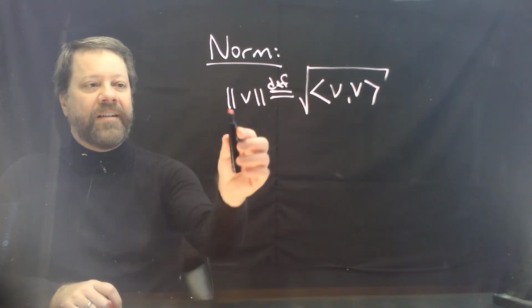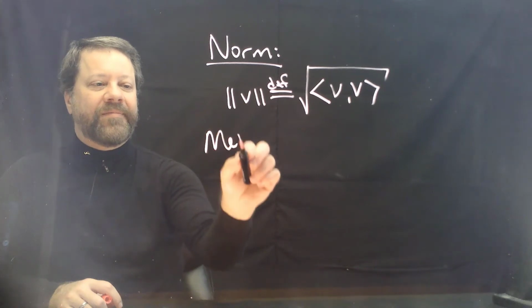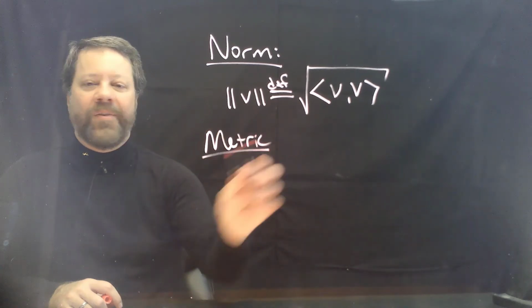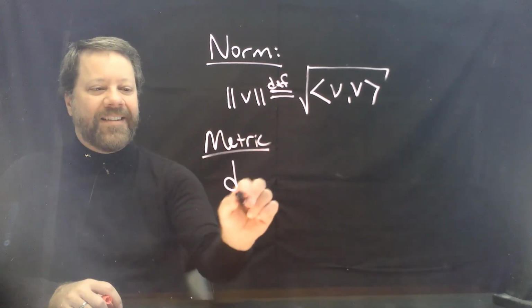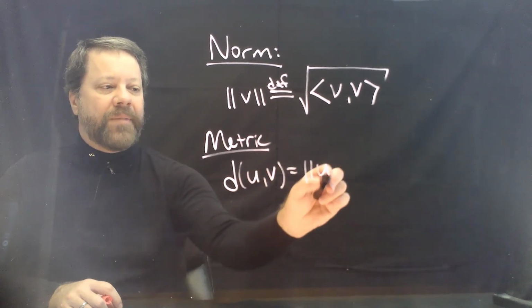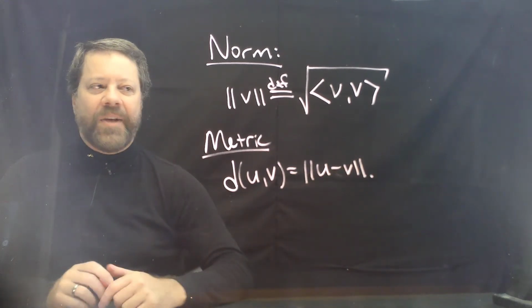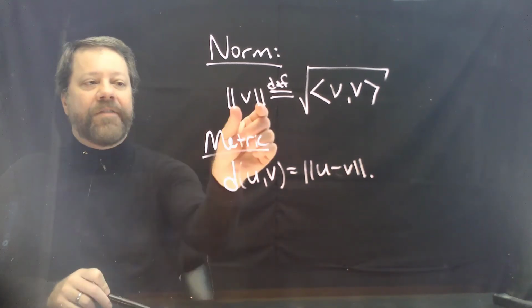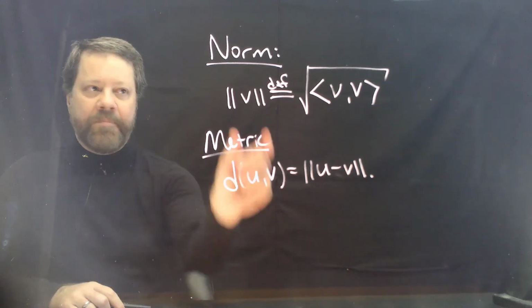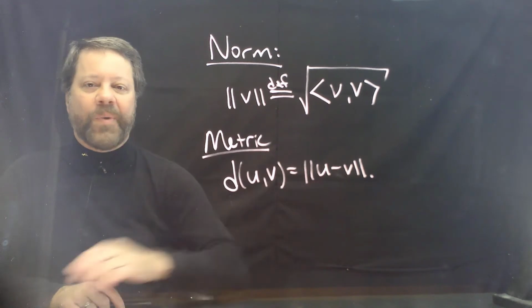In addition, every norm gives rise to a metric, which is a notion of distance. The distance between u and v is the norm of u minus v. So inner products give you a notion of distance intermediately through this notion of norm in this way.